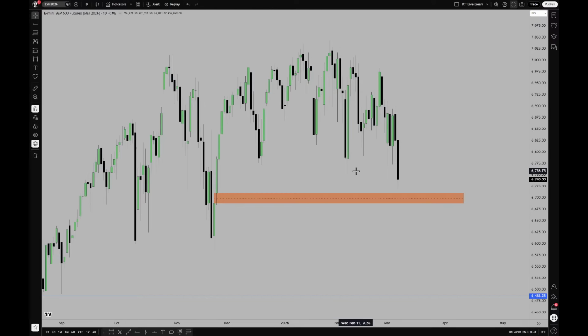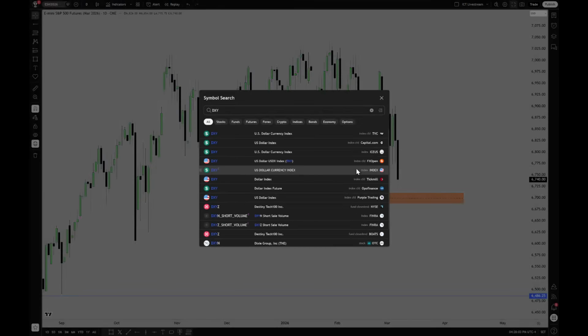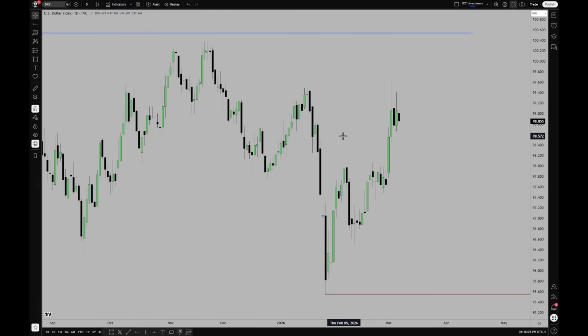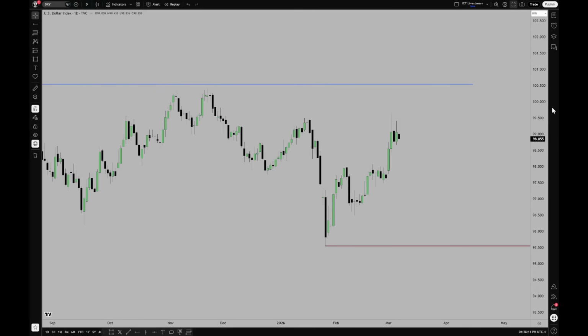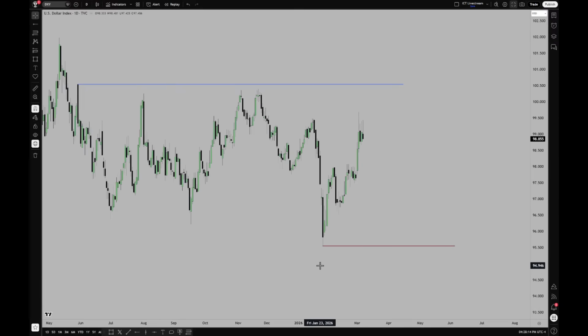And now let's take a quick look at the dollar index, because the video is already getting a little bit longer than I wanted it to be. Over here, you'll see this high here. I think because of the war stuff that's going on, I think of the risk-off scenario.